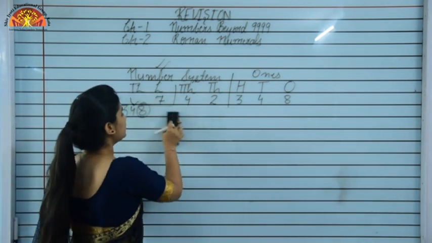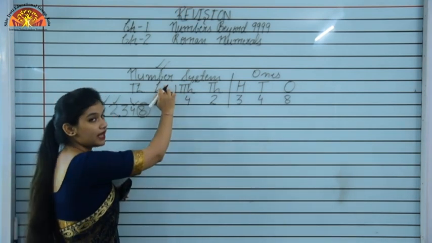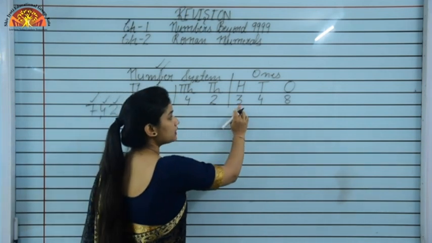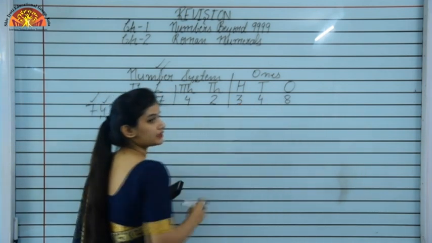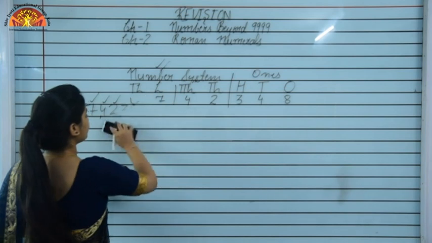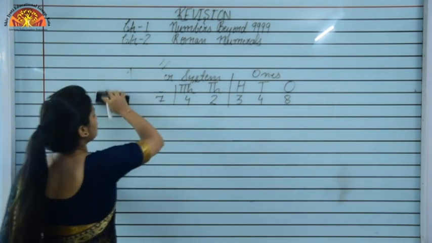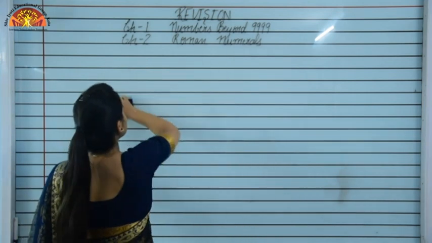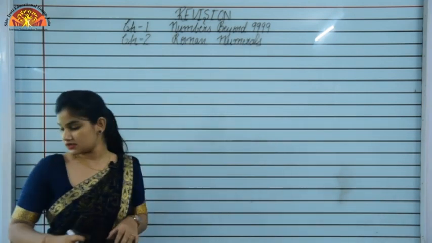We will read this number like 7,42,348. Understood students? So in this way you can take any number and write it according to the Indian number system.